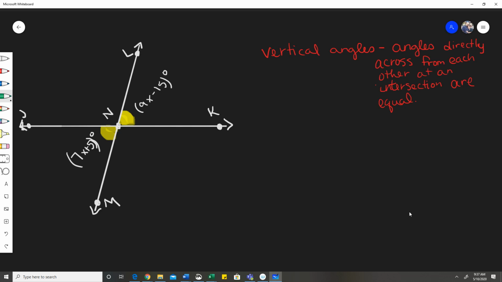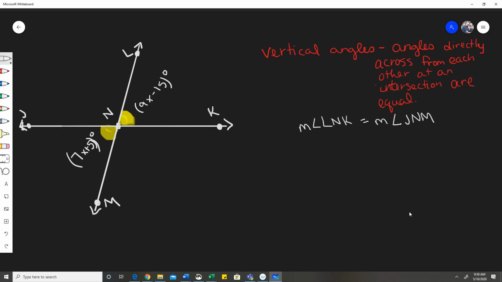Vertical angles are directly across from each other at an intersection. And they're always equal. So in this case, L in K is equal to J in M. So the measure of angle L in K is equal to the measure of angle J in M because they're vertical angles.